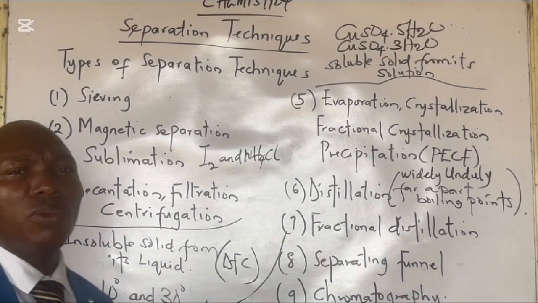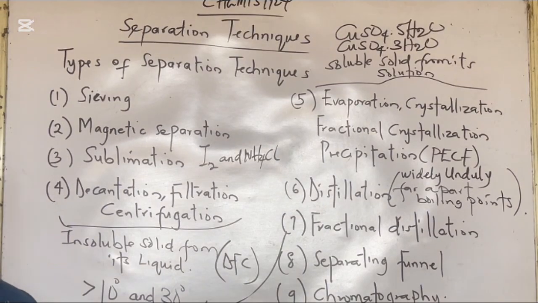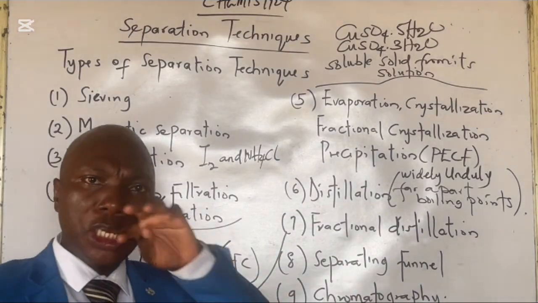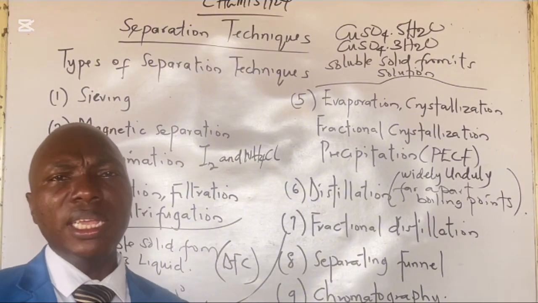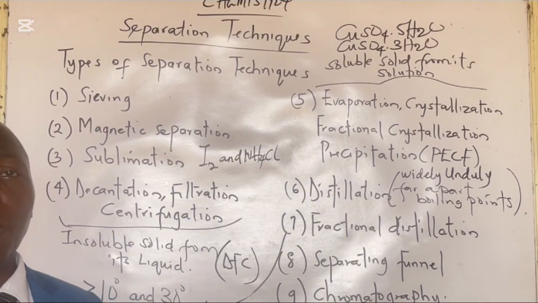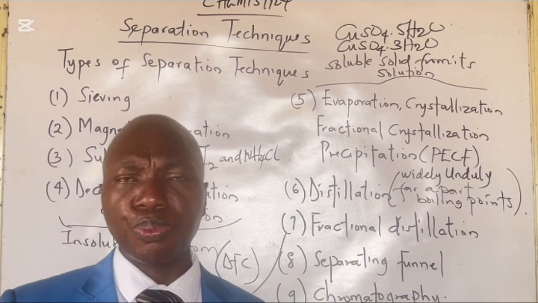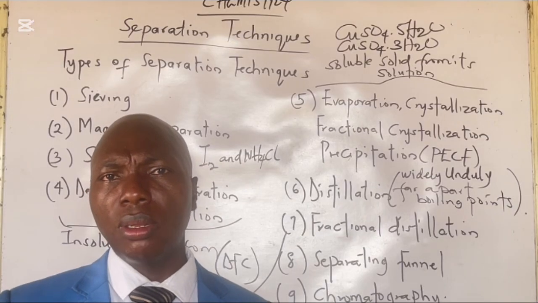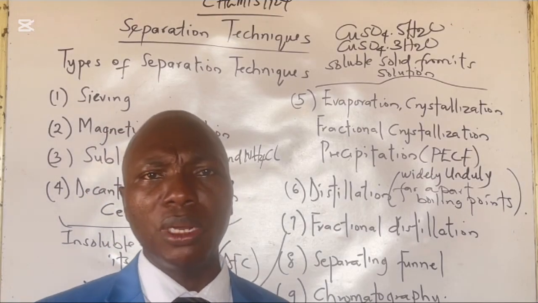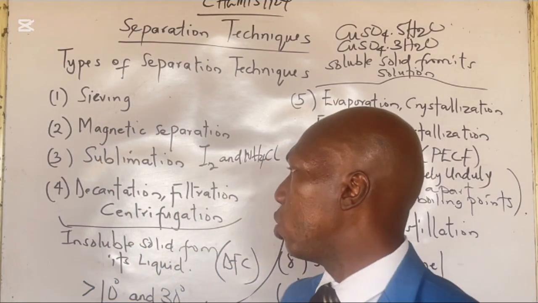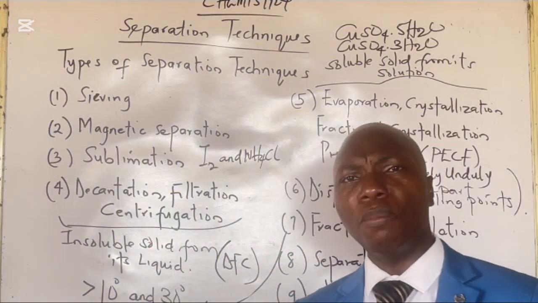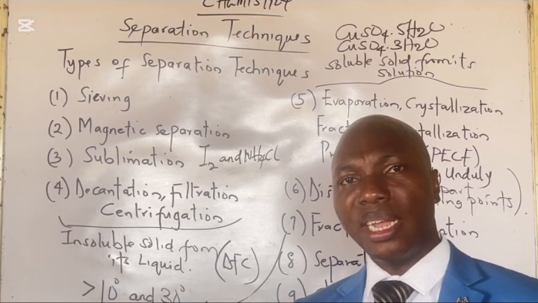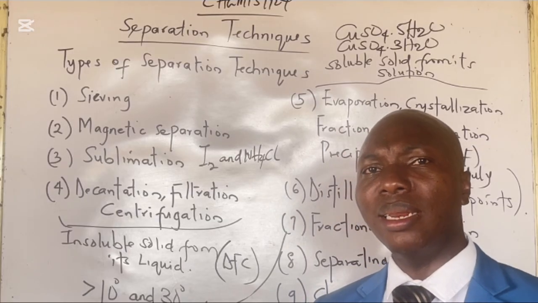And where do we use fractional distillation? Fractional distillation is used to separate fractions of crude oil. You want to obtain fractions of petroleum, you use fractional distillation. Fractions like petrol, kerosene, bitumen, and all that.